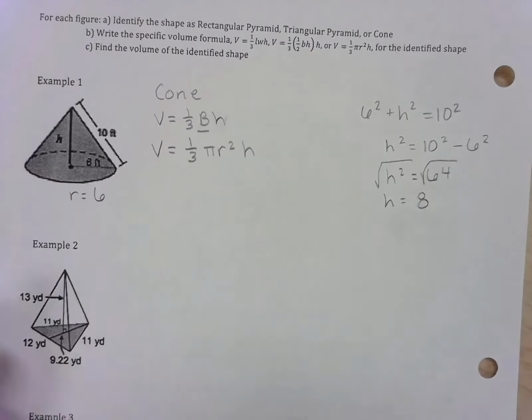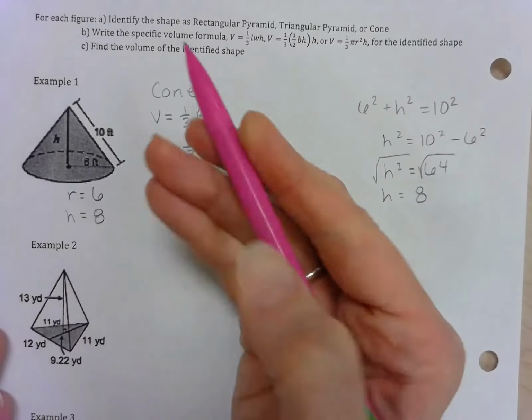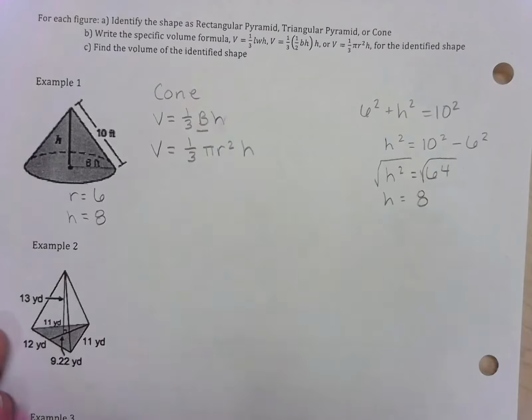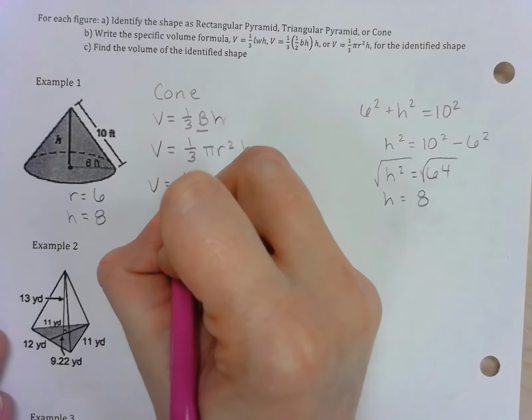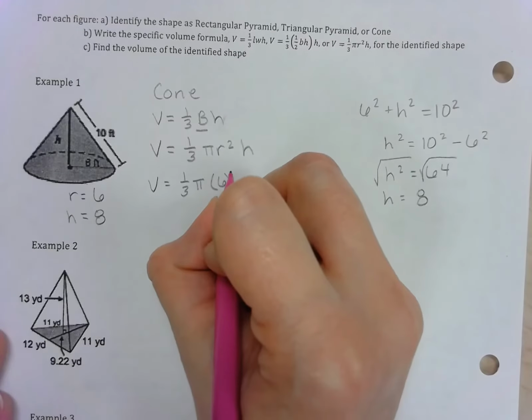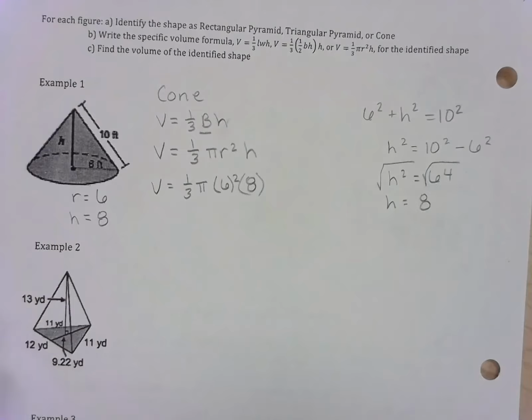So our height of this cone from that point to the base figure is going to be 8 feet. So let's substitute in those values. We get 1/3 pi, our radius was 6, so 6 squared, times our height we solved for, which is 8.